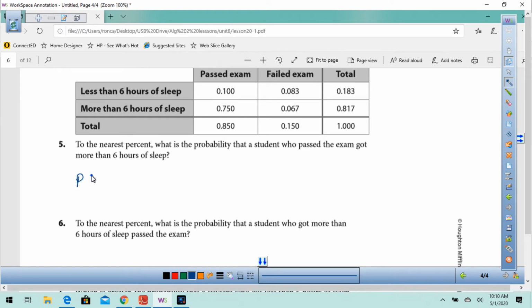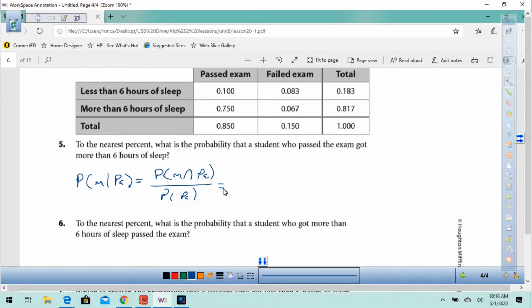So now we're going to have the probability of more than 6 hours of sleep given they passed the exam. That's going to be the same as the probability of more than 6 hours of sleep intersection passed the exam divided by the probability of passing the exam.